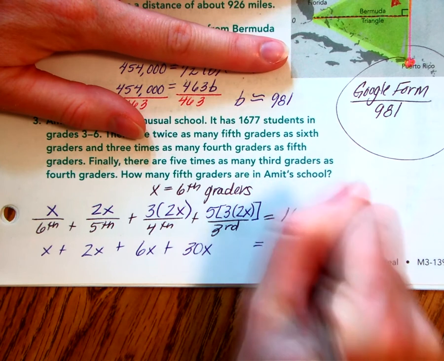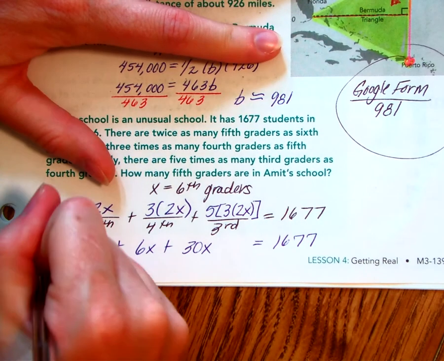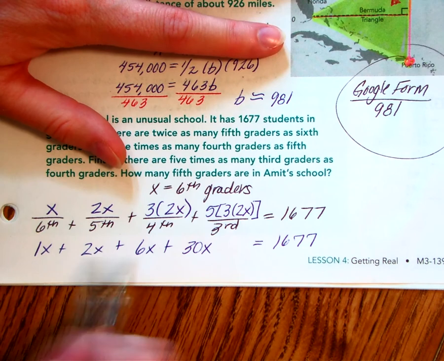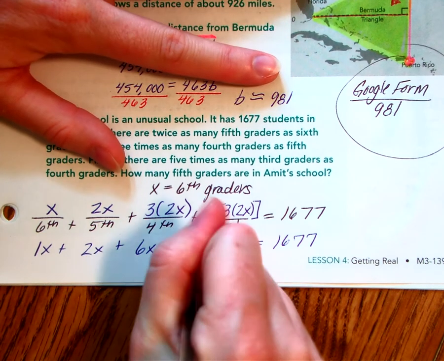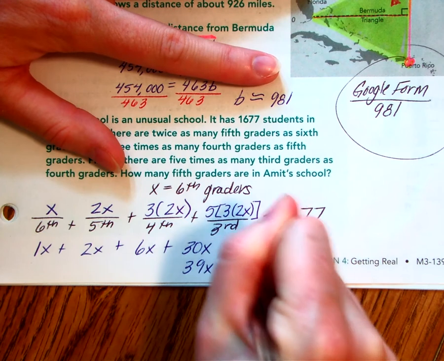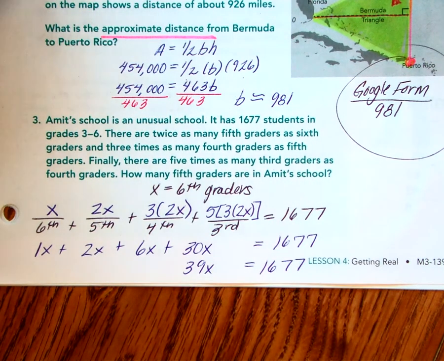The other side is unchanged. It's a constant. Now I can add all these up. Remember, there's an invisible 1 here, so it's 1 plus 2 plus 6 plus 30. 36, 37, 38, 39. 39x equals 1,677 students. I need to solve for x.